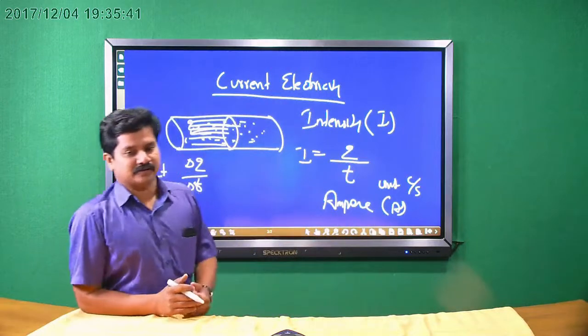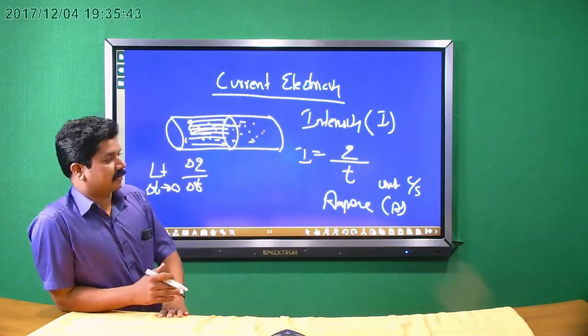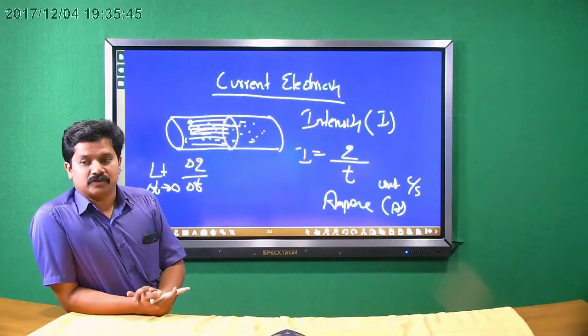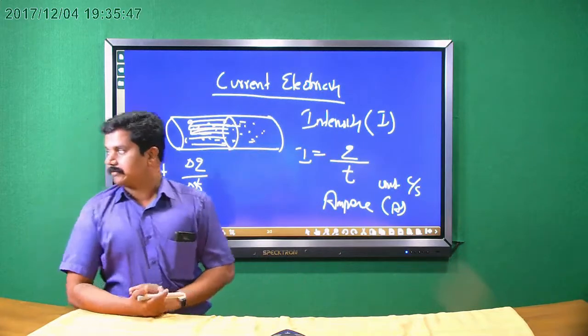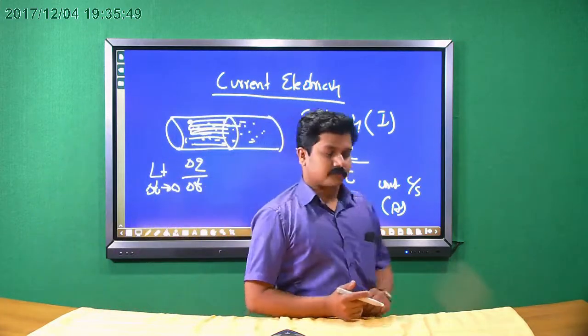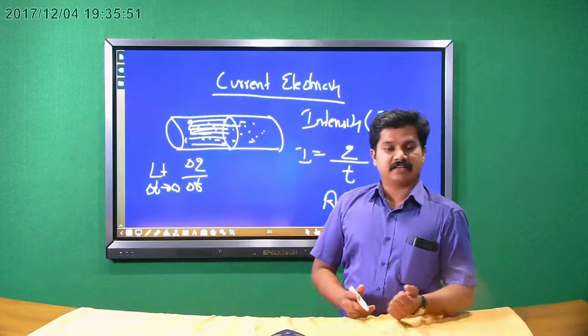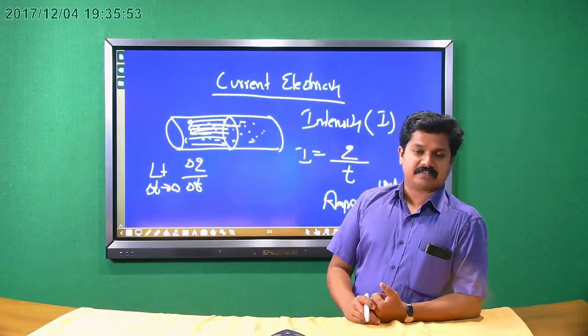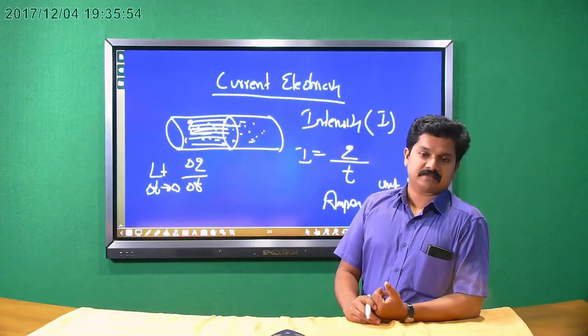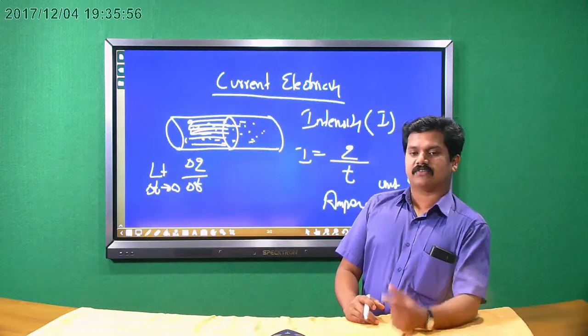Like in velocity, which you have studied already, the average velocity is the total displacement traveled by time, and instantaneous velocity is the limit delta T tends to 0, delta S by delta T. Like that, a small instant we are considering.